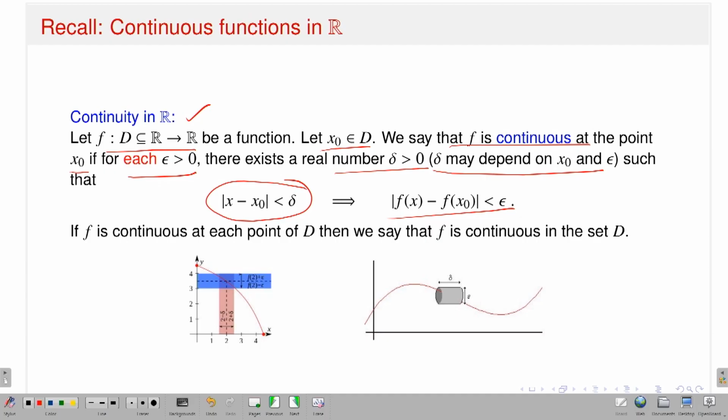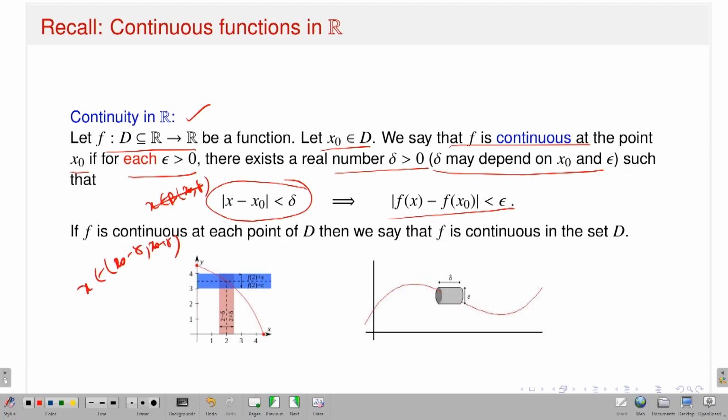What does it mean? I am talking about the continuity of f at some point x naught. Given epsilon, there exists a delta, which depends on the point and epsilon, such that if x belongs to the neighborhood of x naught with radius delta, the ball with center x naught and radius delta, which in fact is an interval, then... I should not write it like that; it should be x belongs to (x naught minus delta, x naught plus delta).